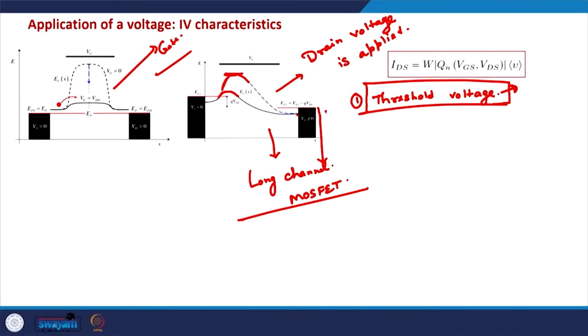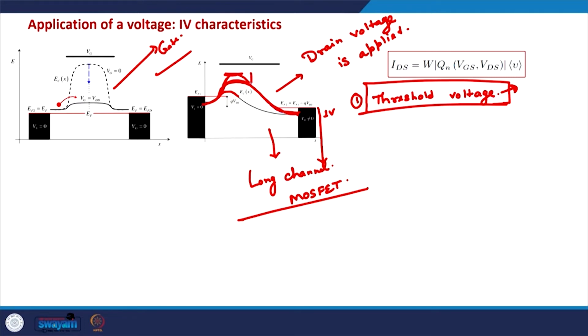But in modern MOSFETs, especially in sub-micrometer MOSFETs, when the channel length is short, if for example 1 volt is applied on the drain side, the electric field in the channel is so high that even this barrier is reduced, or the electric field can impact even the barrier up to the source side.